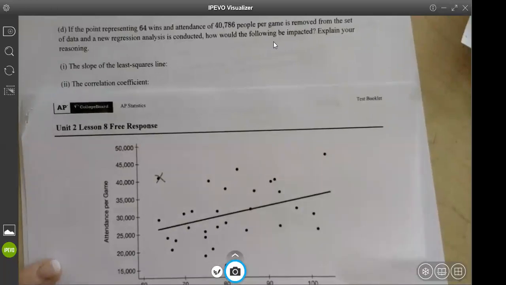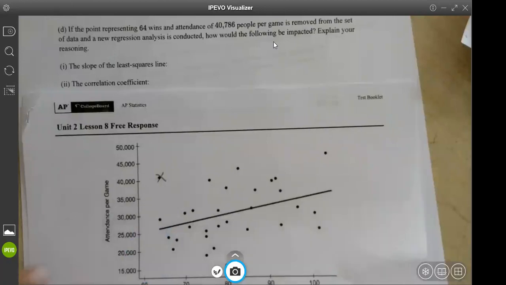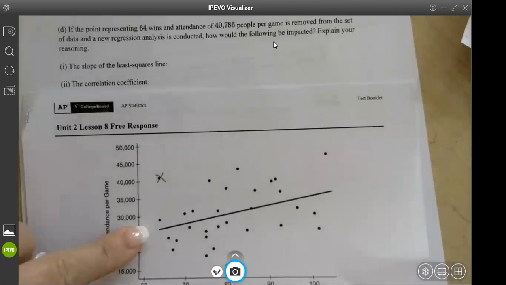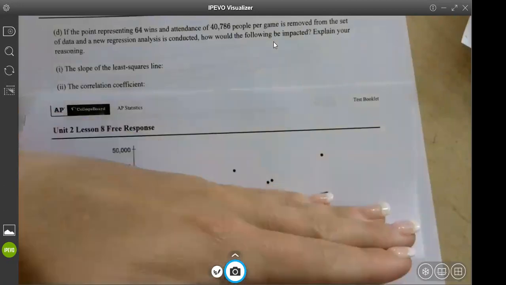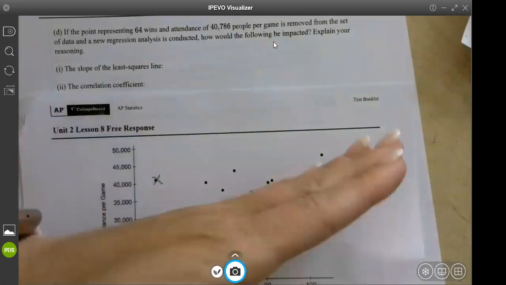What's going to happen to this line? What is this dot doing to this line? Tell me exactly what it would do. It's pulling this end up, right? So if I take it away, what's going to happen to this end? So think about like a seesaw. It's pulling it up, but now when I take it away, it's actually going to make it go like this, right?